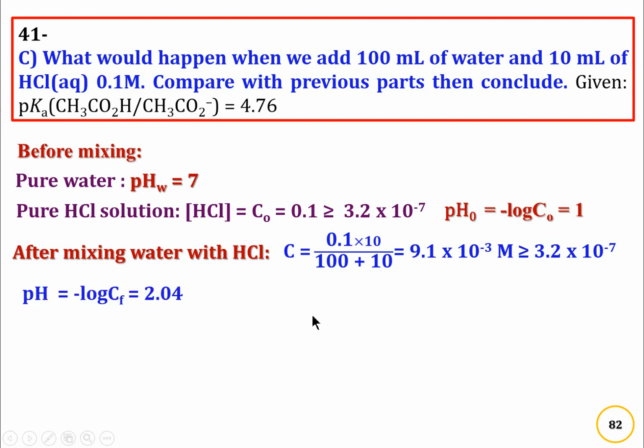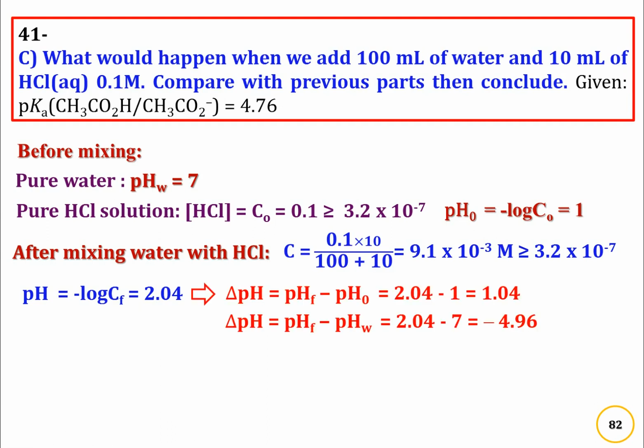We apply the relation pH equal minus log C final equal 2.04. So the pH of water falls from 7 to 2.04, and the pH of HCl increases from 1 to 2.04.